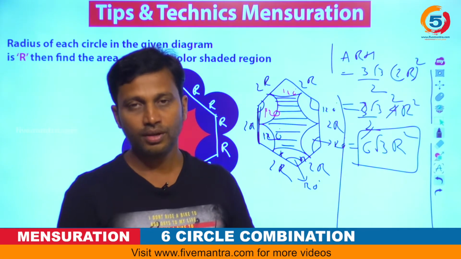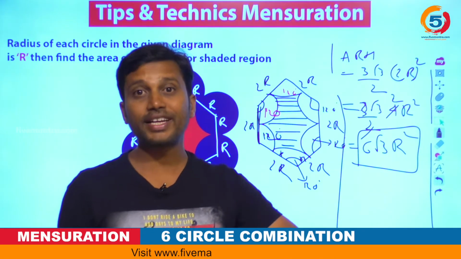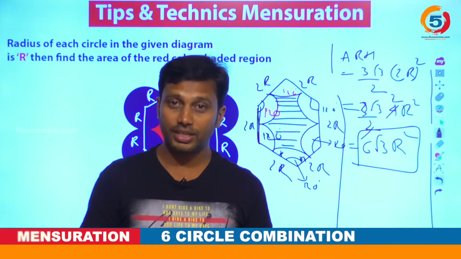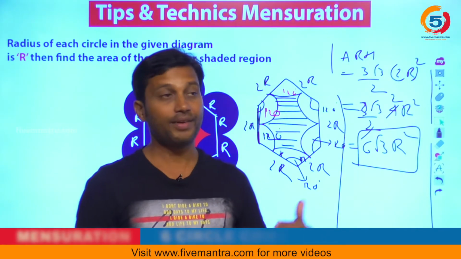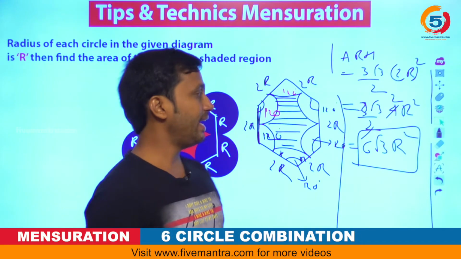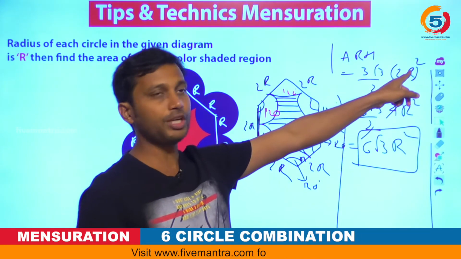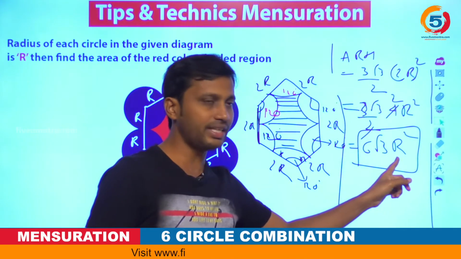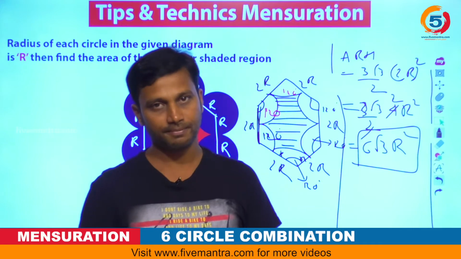Once again, the area of the regular hexagon is 3 root 3 by 2 A square, where A is a side. Here A is 2R. We substituted 2R in place of that, and obtained the area as 6 root 3 R square after final simplification.